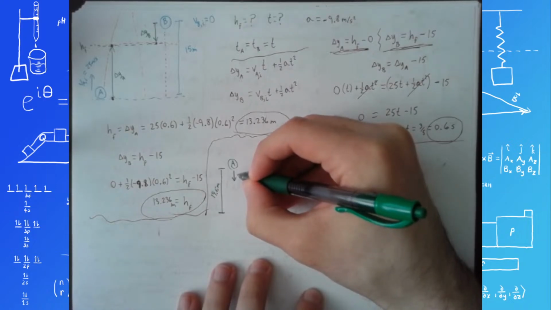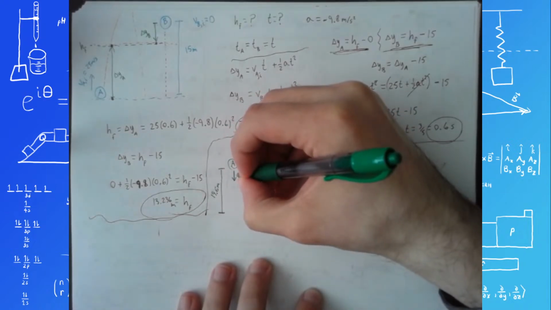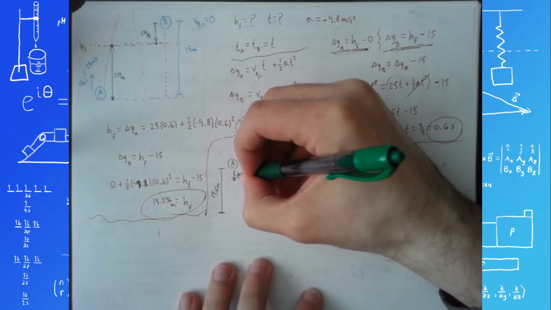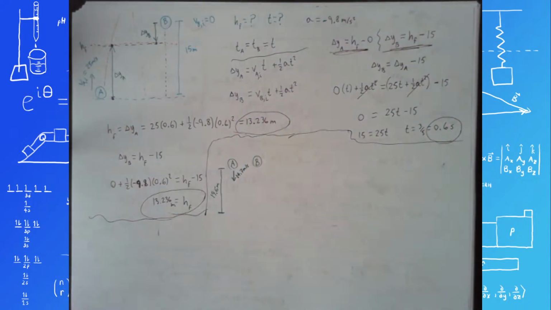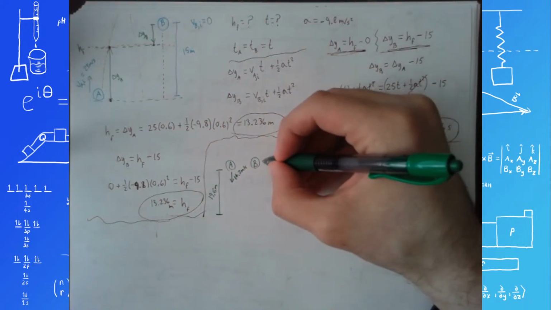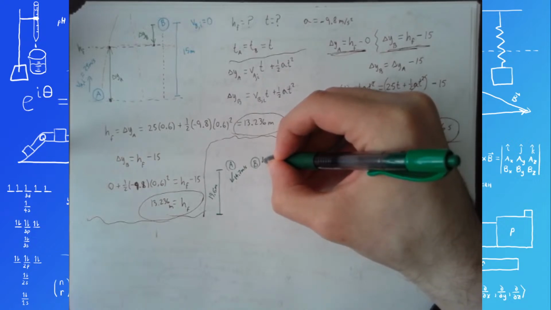Speed is just the magnitude. It does not tell us the direction. 14.7 meters per second is the speed. The velocity is going to be negative 14.7 if you stick with the convention that down is negative.